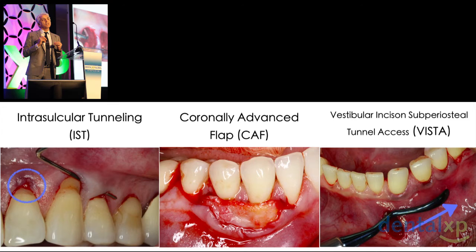Now these techniques have all the pros and cons, advantages and disadvantages, and I'm sure most of you are familiar with the intrasulcular tunneling and the coronally advanced flap, so I'm going to focus more on the VISTA technique.